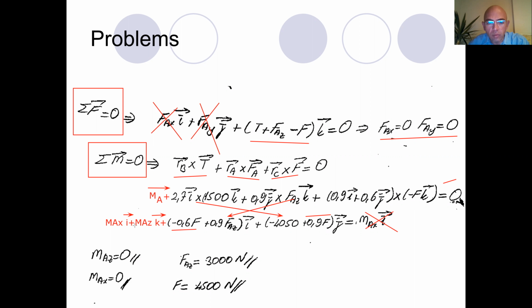So I have Max minus 0.6 F plus 0.9 Faz minus 4050 plus 0.9 F. Now here it comes. I don't have any k component in the moment equation. Therefore, I can easily say that Maz is equal to 0.